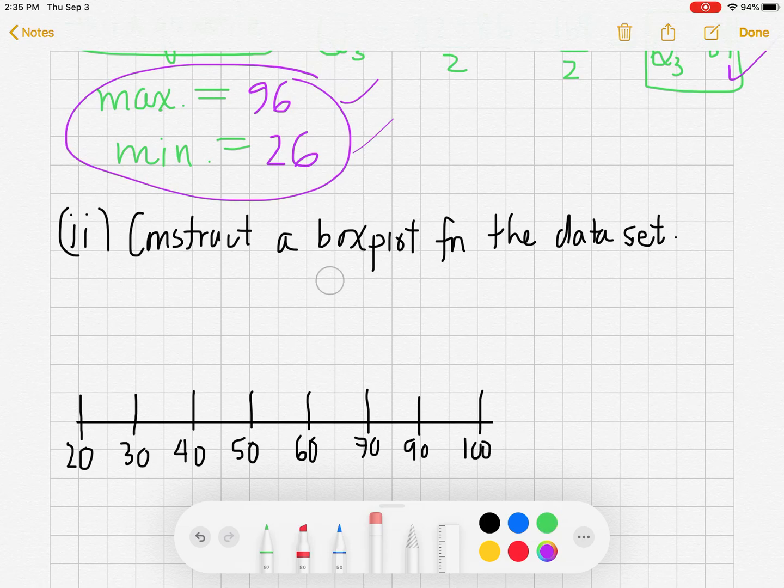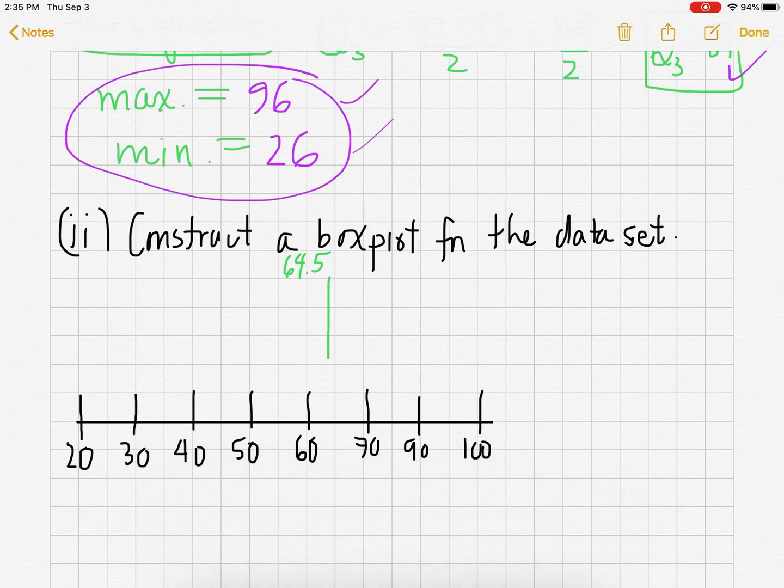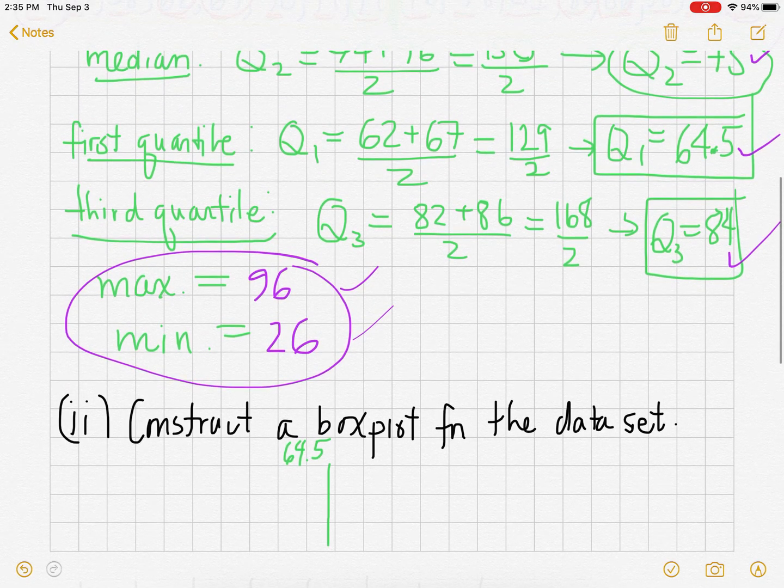Come on now, it's almost 65, right? 64.5 is right about right there. So this is going to be the left side of my box. Let me write that, 64.5, that's my Q1.